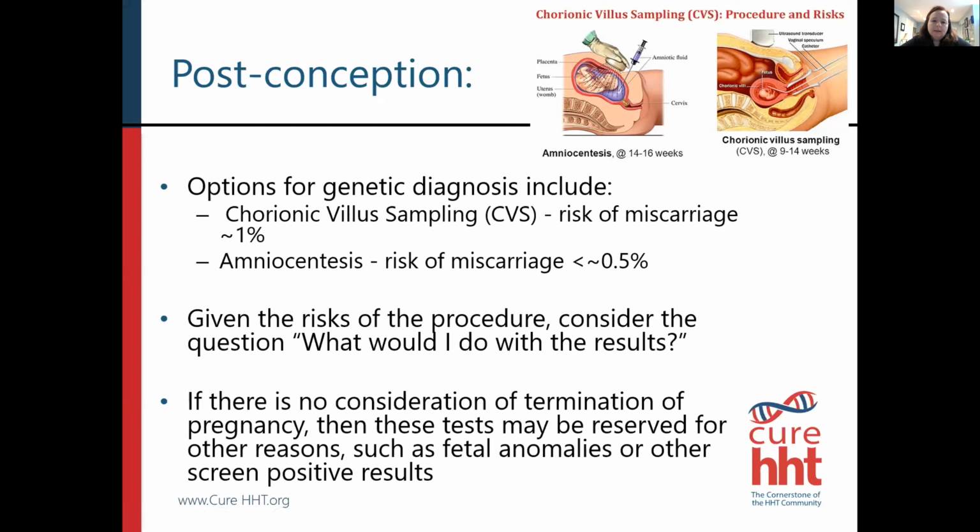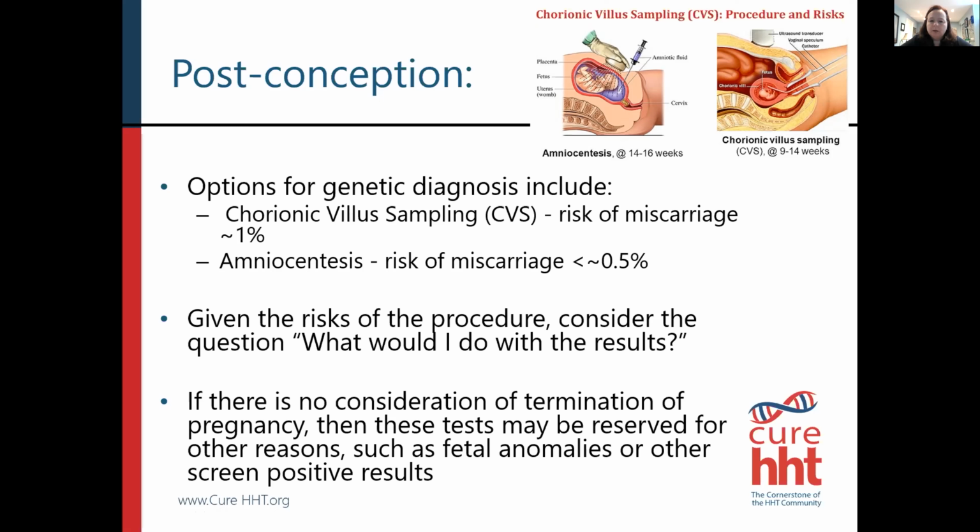What I always talk to my patients about is that there are risks to this procedure, and given the risk, what would you do with the results? Some people will say, well, I would not do anything with these results. I'm happy to wait till after the baby's born and test, in which case I would say there's no point in taking the risk of this procedure.